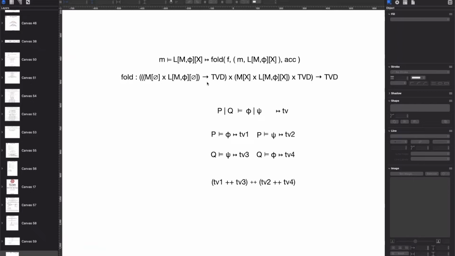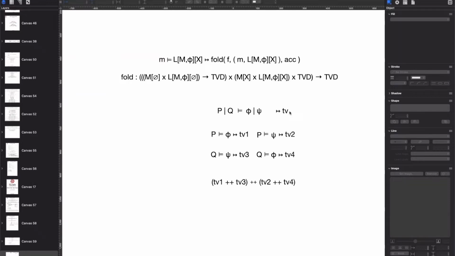So an F, an initial pair, which is the term and predicate, and then an accumulator for the truth value. And given those three things, we're going to return a truth value. So for example, we want to take an expression like this: P par Q models phi par C. So this is a type, this is a term, and we want to get down to a truth value.